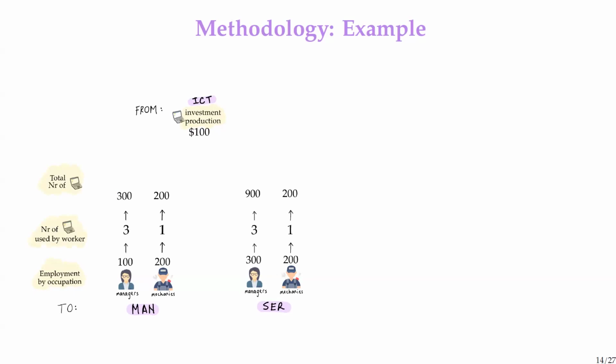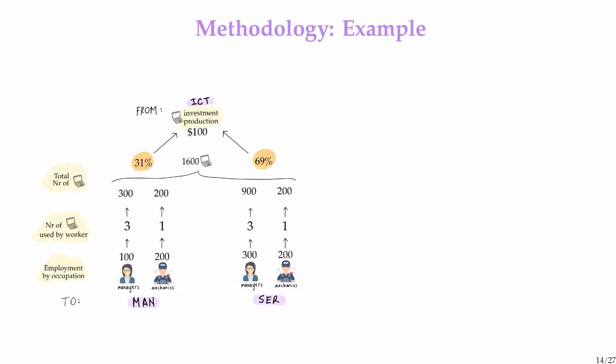That gives you the total amount of ICT equipment, or computers, used by managers and by mechanics in manufacturing, which sums to 500 computers used in manufacturing. But it also gives you how many computers are used by managers and mechanics within services. So this gives you 1,100 computers used by services.